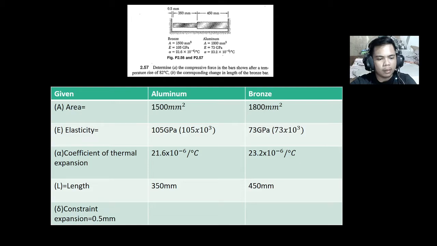Alpha for the coefficient of thermal expansion: for the aluminum it is 21.6 times 10 to the power of negative 6 per degree Celsius, and for the bronze it is 23.2 times 10 to the power of negative 6 per degree Celsius. For the length, the aluminum is 350 millimeter, and the bronze is 450 millimeter. And delta for the constraint expansion is 0.5 millimeter.